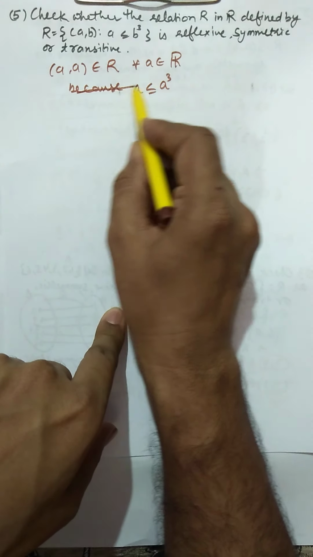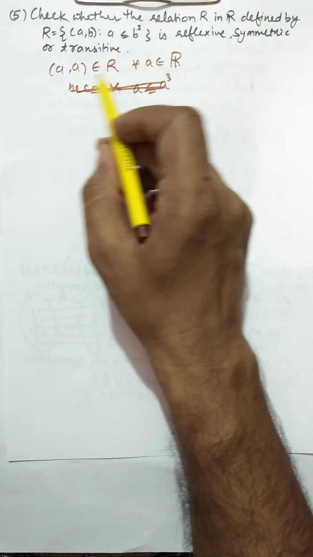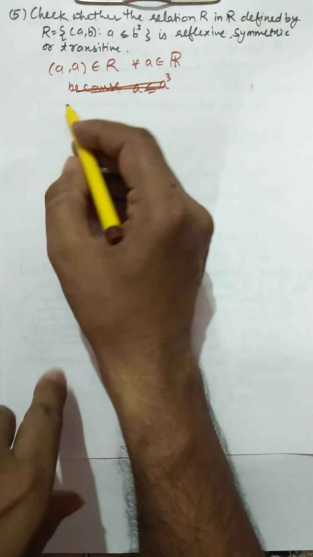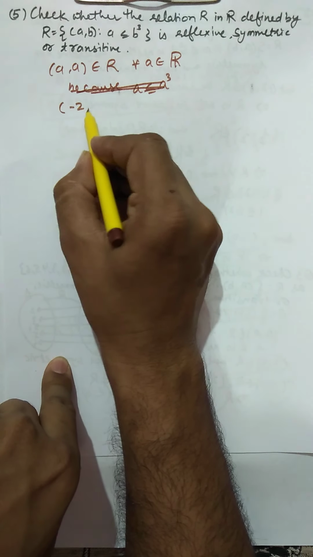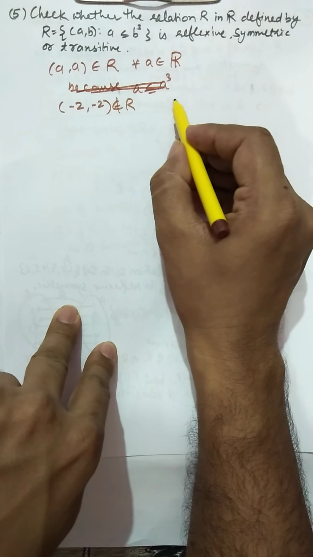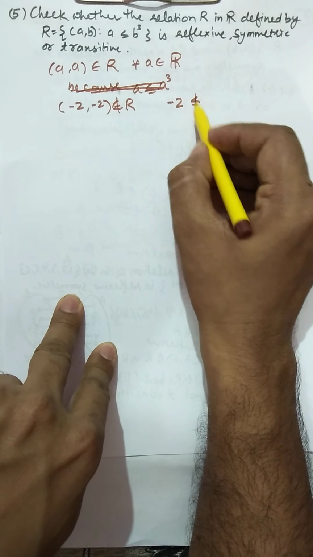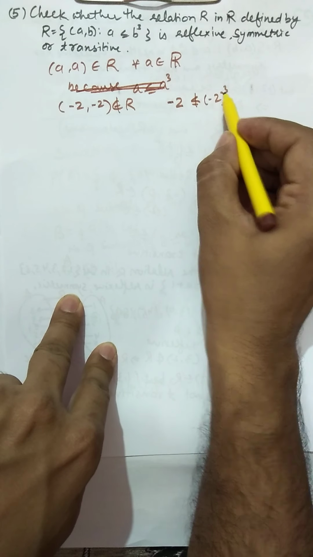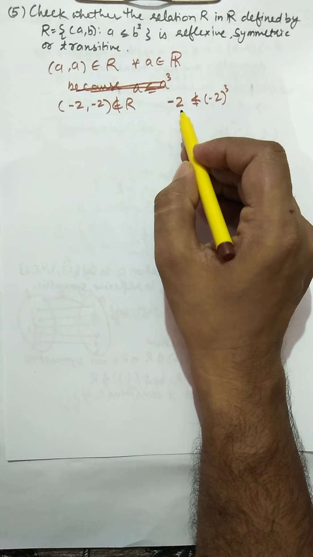But we have to see some examples where we can show that (a,a) does not belong to R. So let's take (-2,-2) does not belong to R. The reason we are giving is that -2 is not less than or equal to (-2) cube, because this is going to be -8, and -8 is smaller than -2.